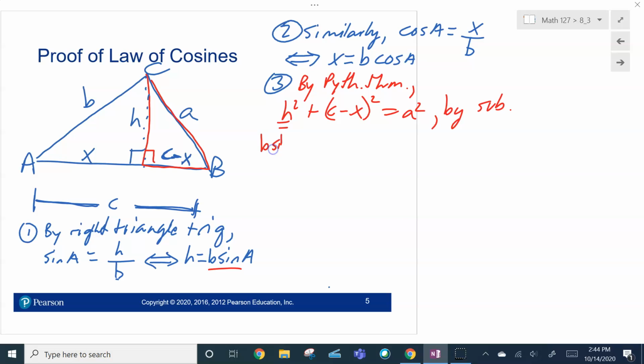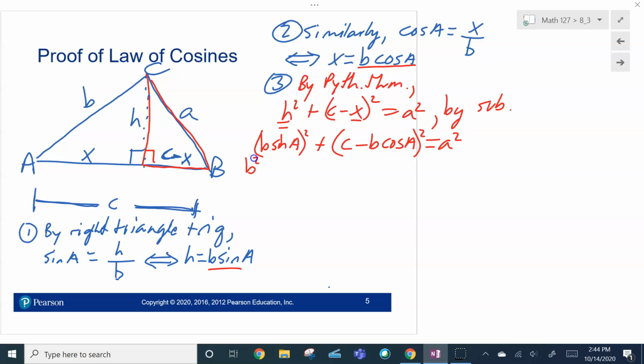So (b sine A) squared plus, and then I have c minus, and I'm going to replace the x with b cosine A, because I know x is equivalent to b cosine of A. That's all squared equals a squared. I just got to work this out.